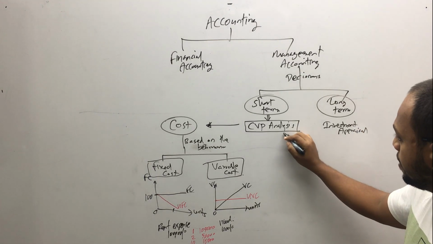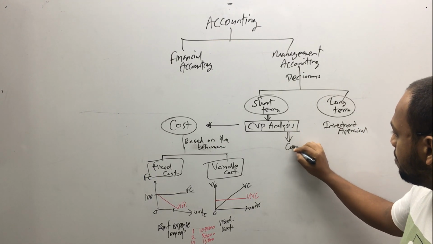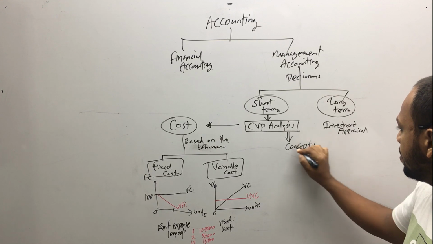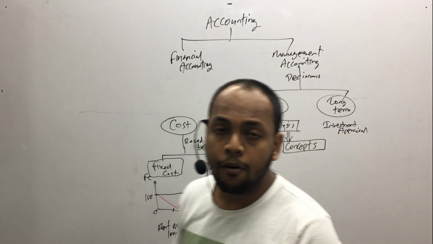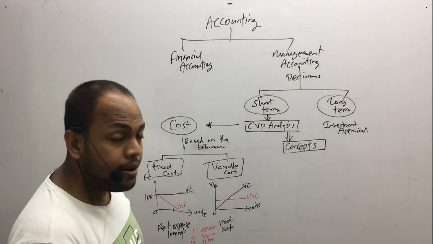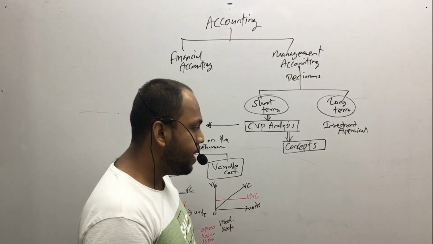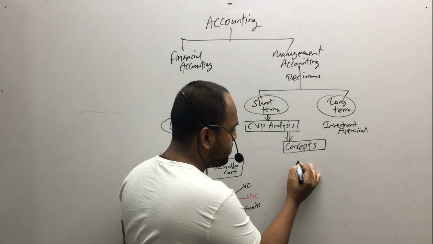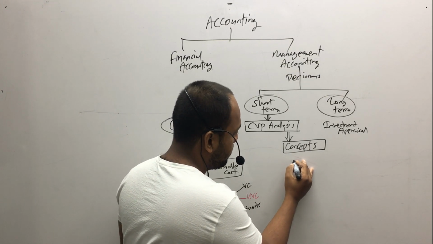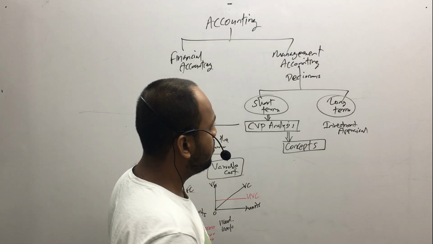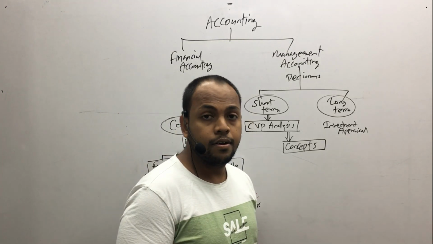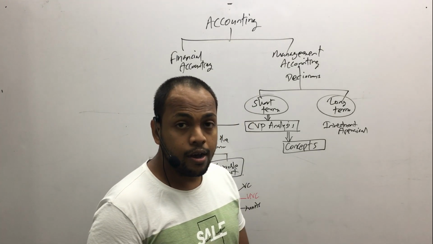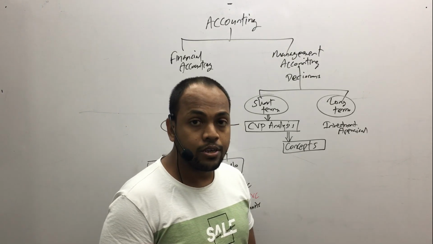Then we talk about some important concepts under CVP analysis. The main concept in the CVP analysis is contribution. So let me draw a table to show the contribution and calculation of profit.